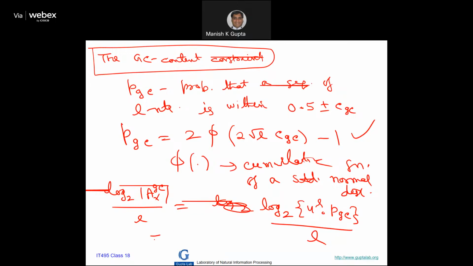So we arrive at 2 plus log 2 base 2 times phi of 2 square root of L CGC minus 1 divided by L. So for one constraint, we obtain the value here, and for the second constraint, we obtain this value here.